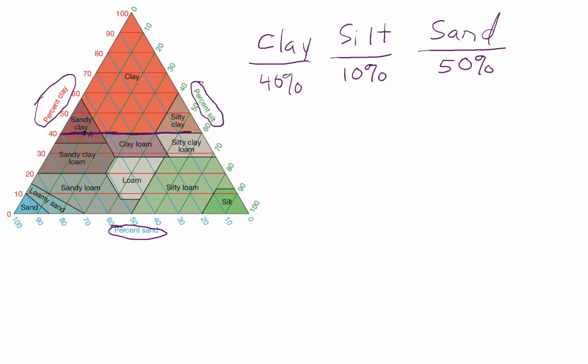Okay, so I just drew, I'm not sure if you can see it, there's a purple line coming across. Okay, now we go to the 10% silt line. So we find this side, the right side, here's the 10, and I'm going to fill this in all the way.